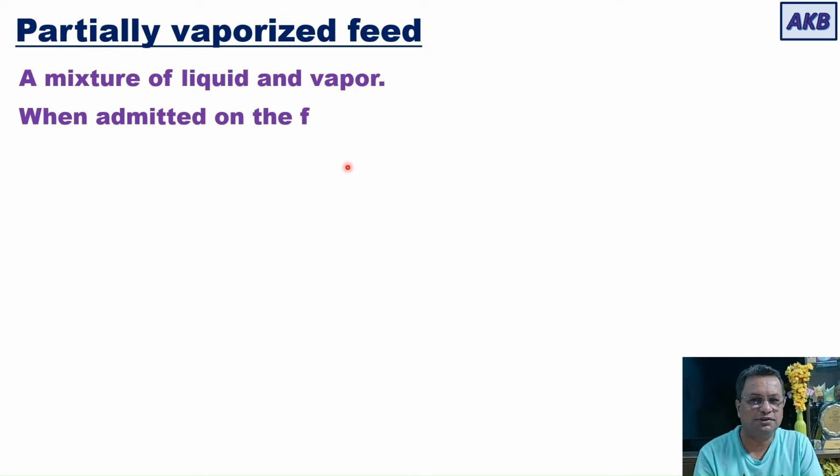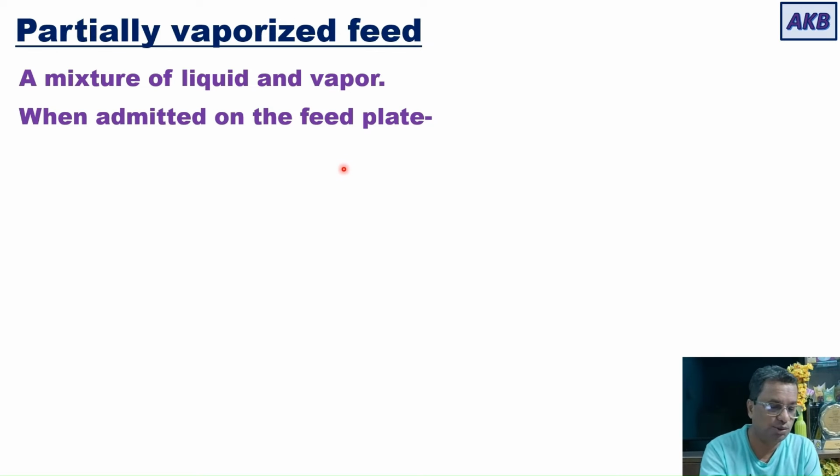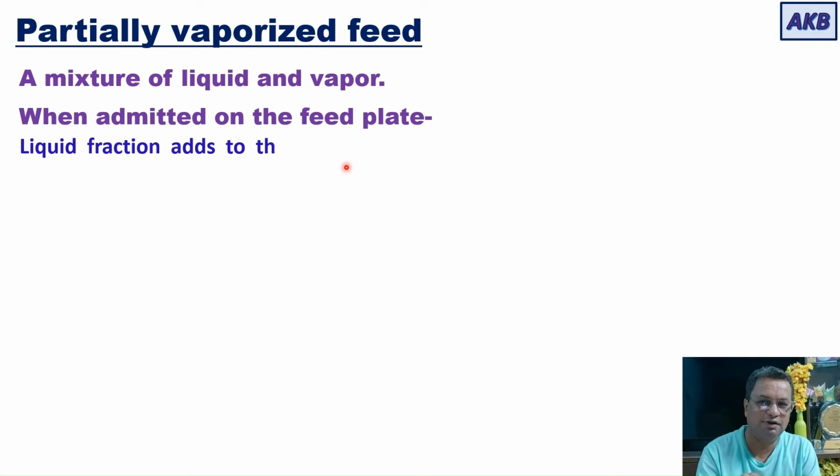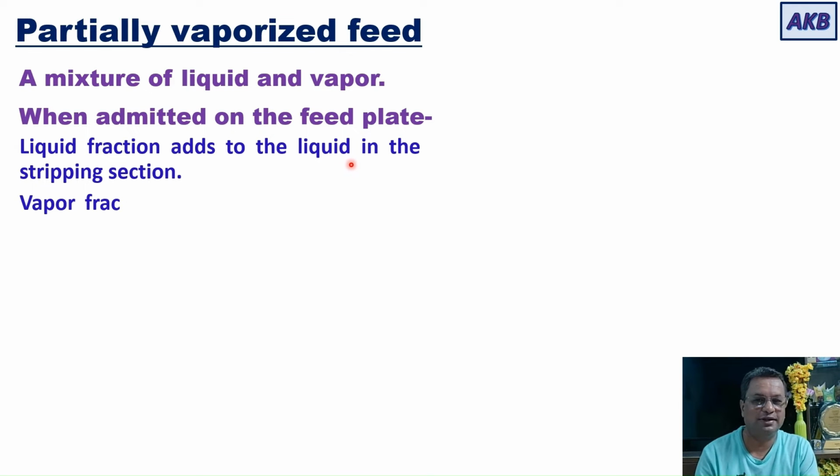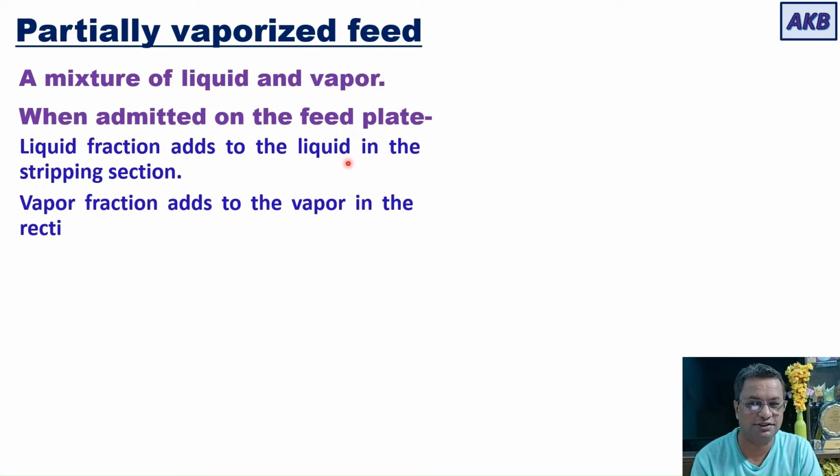So what happens when partially vaporized feed enters on the feed plate? What changes occur on the feed plate? Simple thing. Liquid part of the feed will be getting added to the liquid in the stripping section, and the vapor part of the feed will be getting added to vapor in the rectifying section.